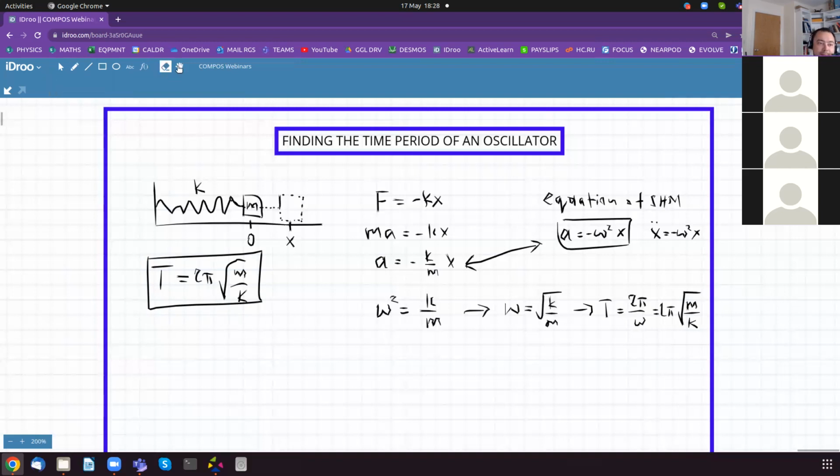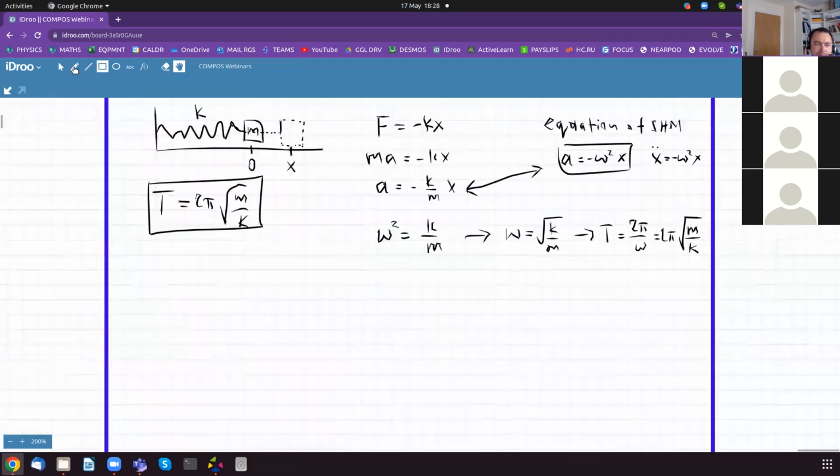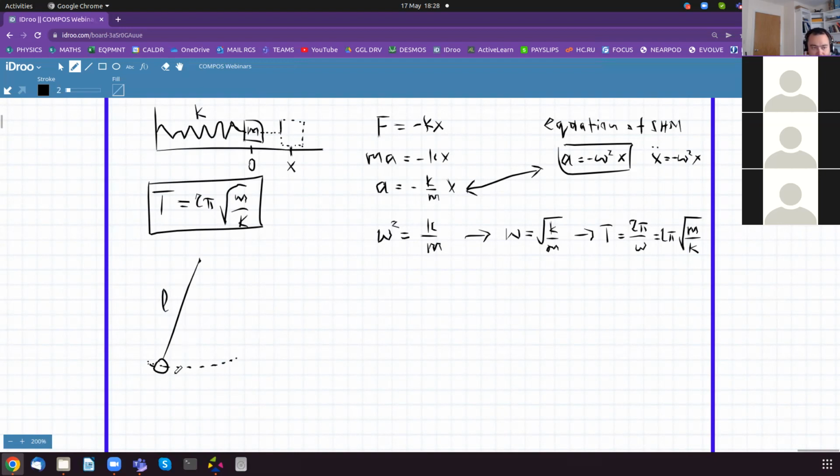In a similar way, another oscillator, I don't think I'll prove this. It's proved in the assignment. If you have a pendulum of length L, the time period of the pendulum is 2 pi square root L over g.